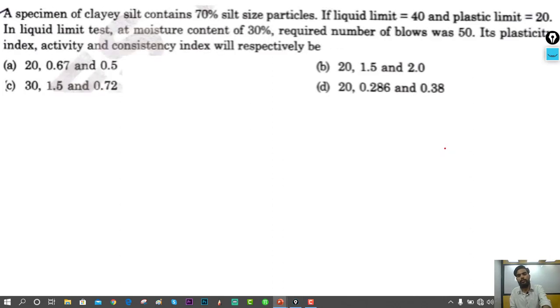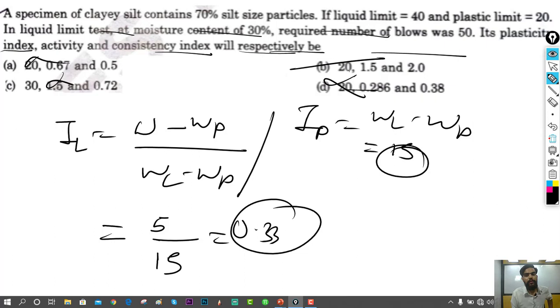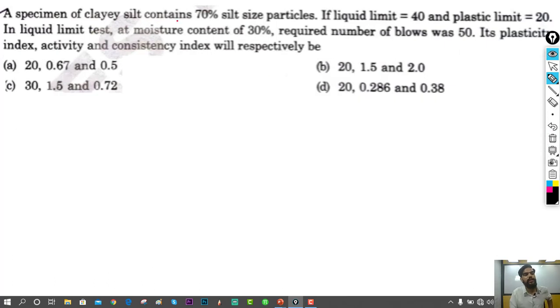Okay. Guys, in this question, what is given? A specimen of clay silt contains 70% of silt size particles. If liquid limit is 40 and plastic limit is 20, in the liquid limit test at moisture content 30%, the required number of blows was 15. Its plasticity index, activity and consistency index will be, respectively.